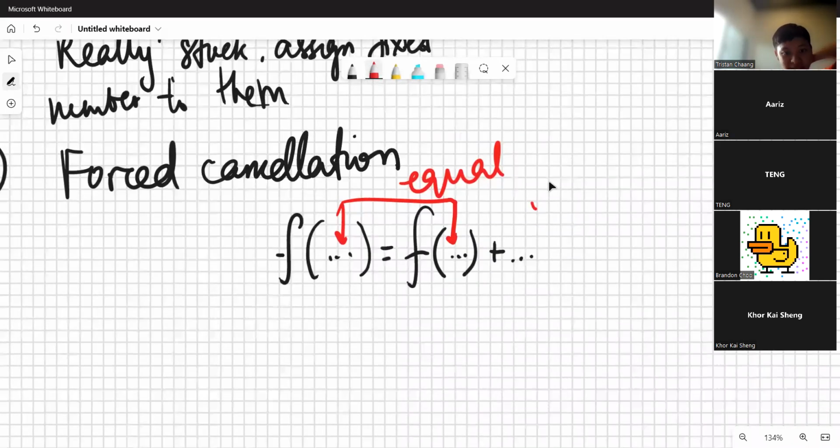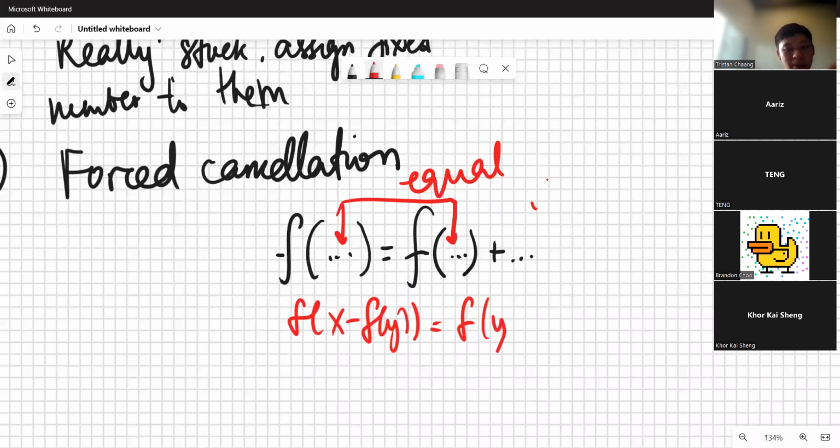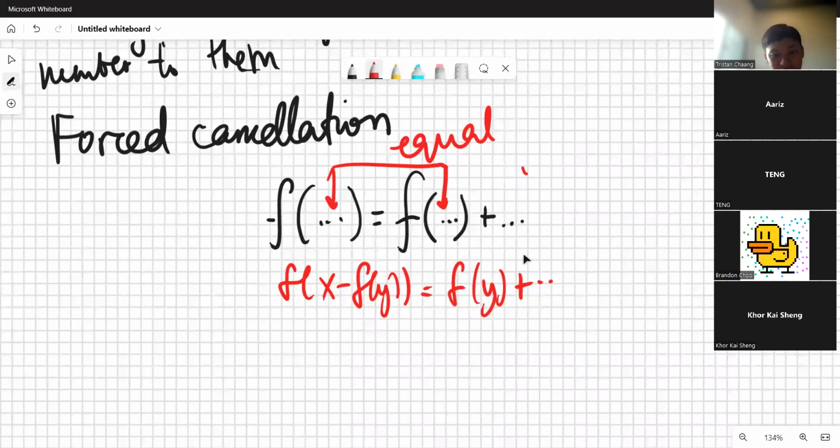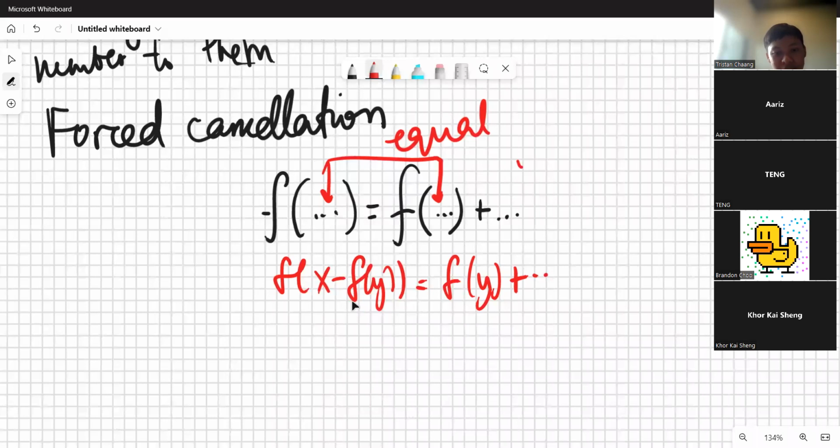So for example, let's say it's like f(x) minus f(y), and then equals f(y) plus blah blah blah. Then what can we do to force these two terms to cancel? Anyone want to answer? What can we do to force these two things to go away?